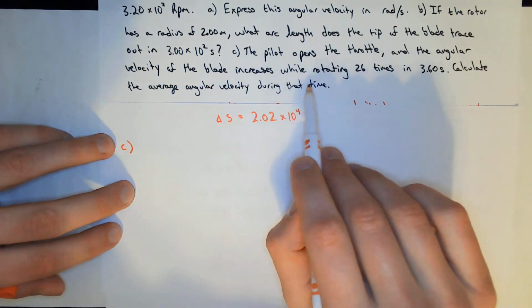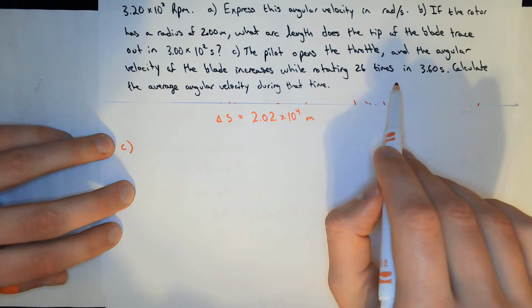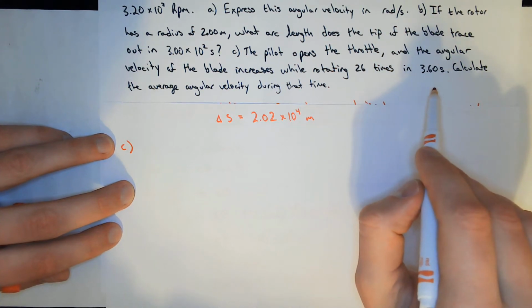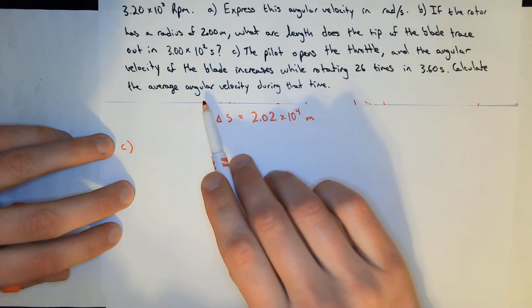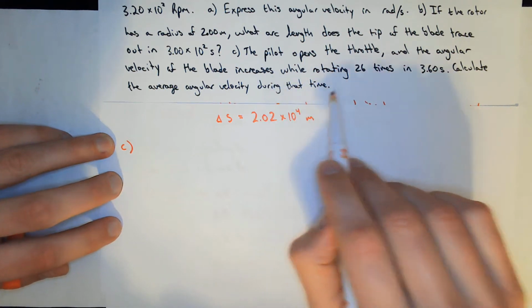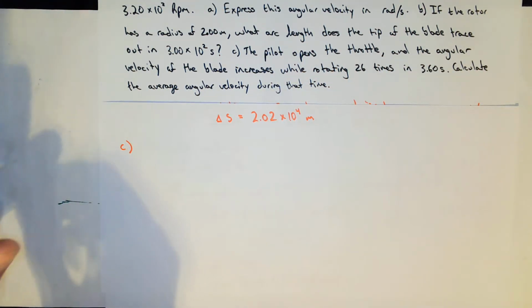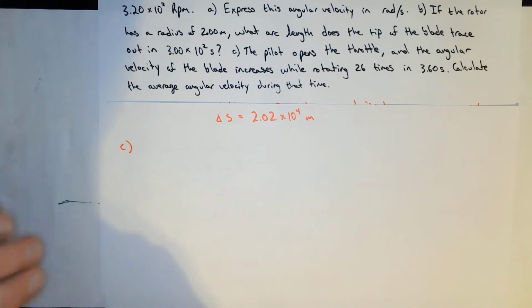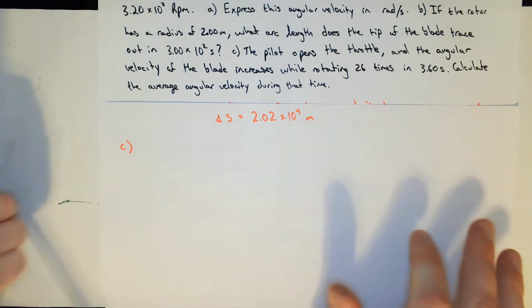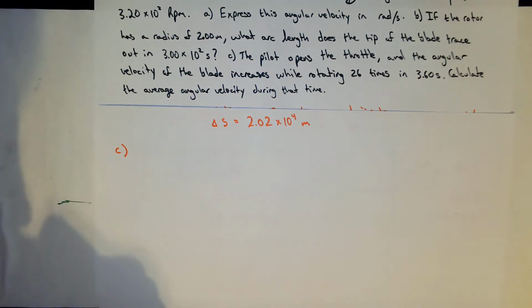It increases while rotating 26 times in 3.6 seconds. Calculate the average angular velocity during that time. Okay, so they're not asking for acceleration, which is good because we haven't done that yet. We are instead looking for average angular velocity.